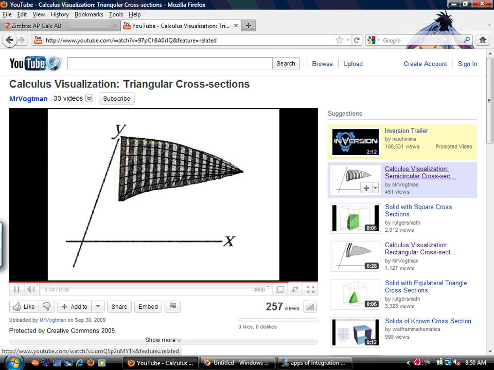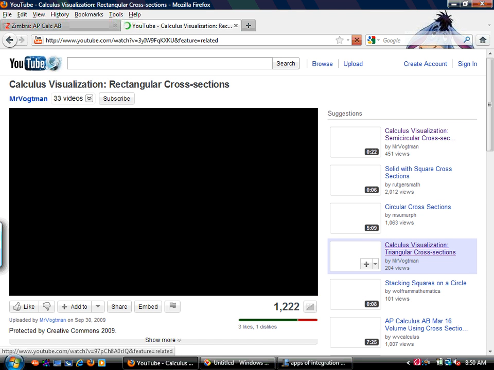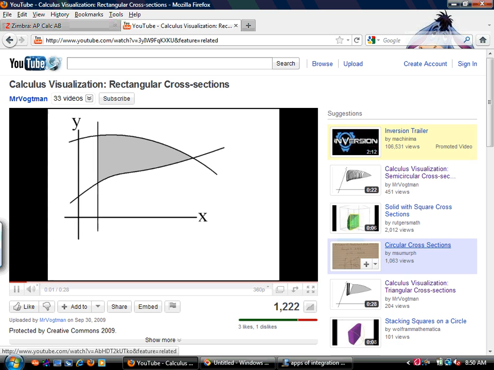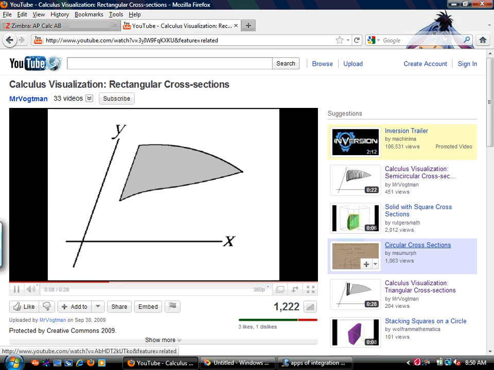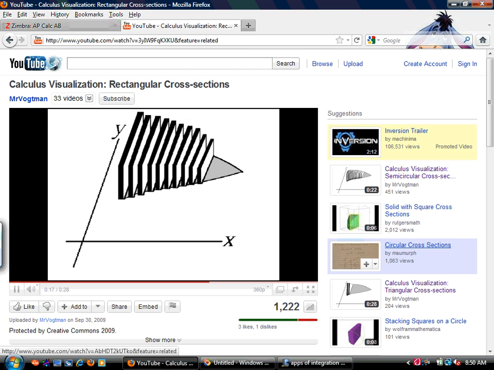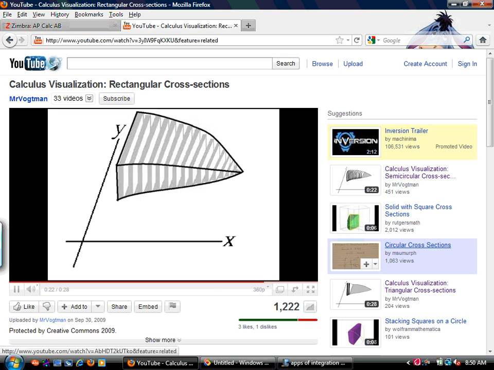And then rectangle. Not all shapes are circles, not all shapes are triangles, not all shapes are squares. Hey, look, it's a pyramid, sort of.